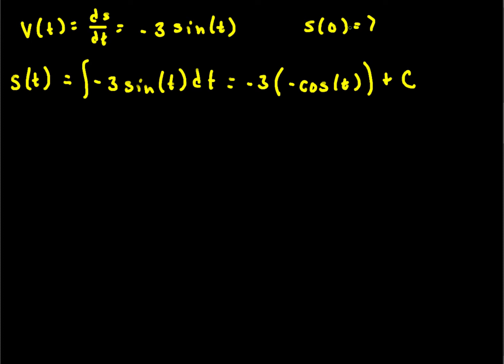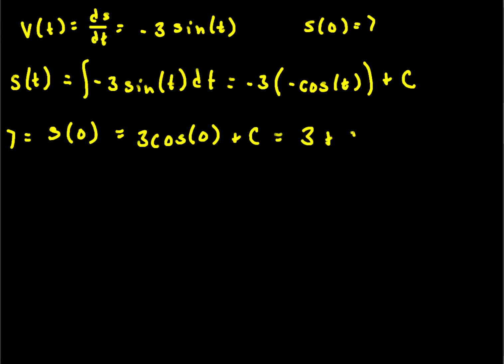And finding out what the constant is just by sticking that 7 and 0 in. So 7 is equal to s of 0, which is equal to 3 cosine of 0 plus the constant, which is equal to 3 plus the constant. Now notice this time, in the other two examples, this term went to 0, but that's not always going to be the case. So here I need to solve for c.